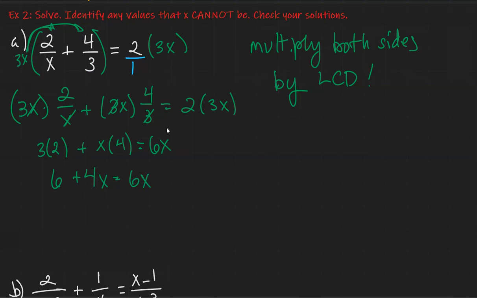Okay, this took us a little bit less time than it would have if I got the common denominator on the left side and then cross multiplied it. It took a little bit less time. So let's do this, okay? Multiply both sides by the least common denominator to solve rational equations when you have multiple fractions on either side or both, okay?